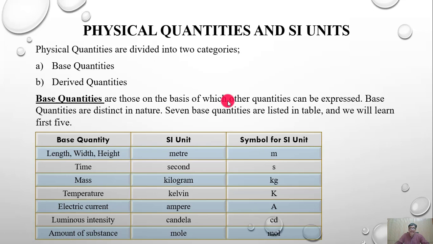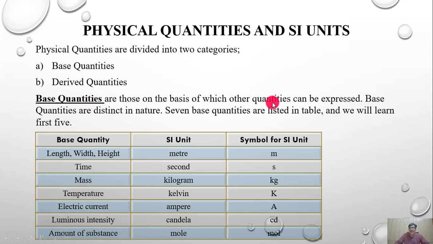Sometimes we say that this is the base of something, meaning that something is dependent on the base. So quantities from which further quantities can be derived are base quantities.